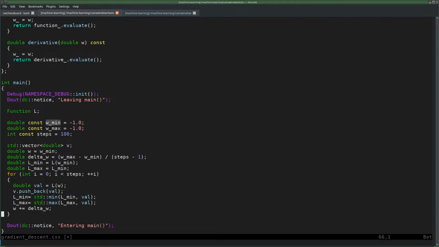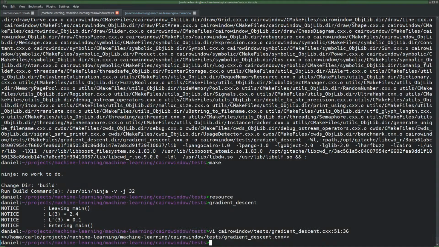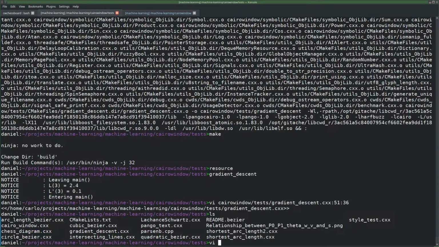Okay, now let's make a diagram. For a window with a plot, I mean. Where do we copy that from? I'm just going to go for the last one, don't even care how big it is. Okay, the gradient descent thingy.